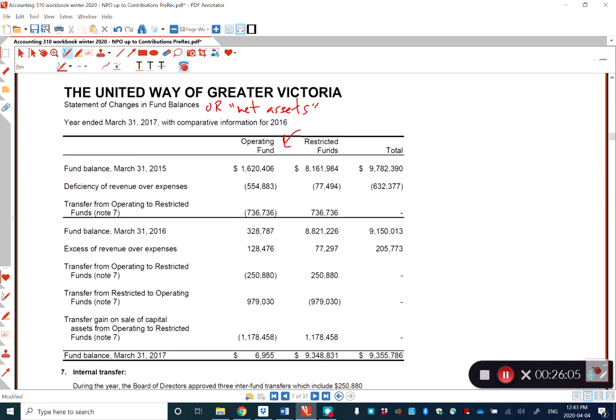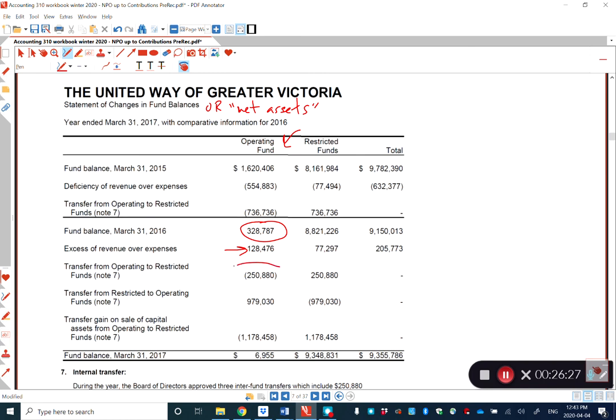We have a fund balance at the beginning of the prior year. It's not uncommon to reconcile two years, but let's say this is the beginning of the fiscal year. Opening balance of the fund, we've got an excess of revenue over expenses, which is going to go right into our, in this case, operating fund. We'll talk about the different funds shortly.